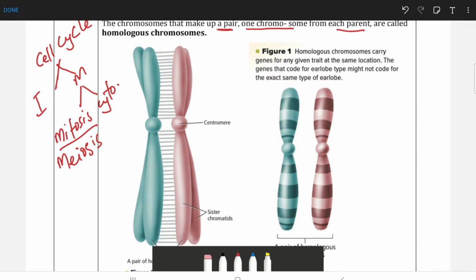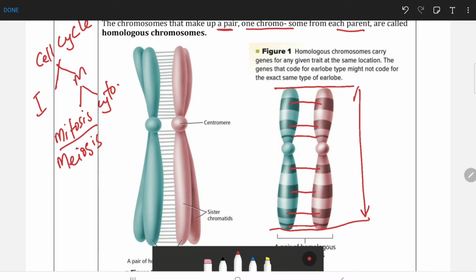If you have a look at this diagram, you can easily check that these circles are at the same place. It means that they have the same genes. Then, from here to here, both have the same height, or you can say the same size. So till now we studied they have the same size, then the same genes.